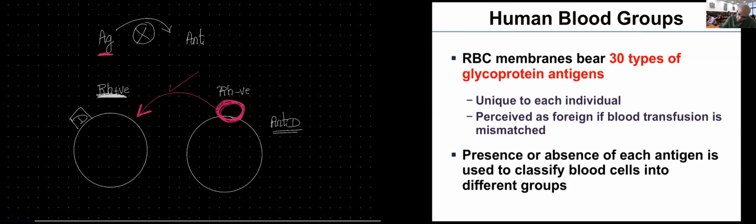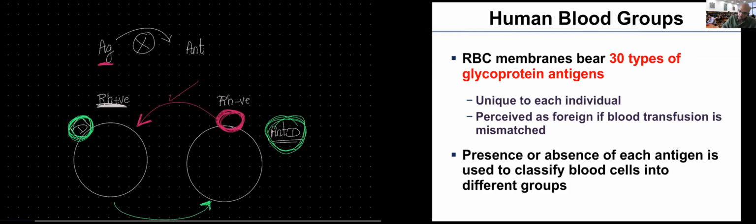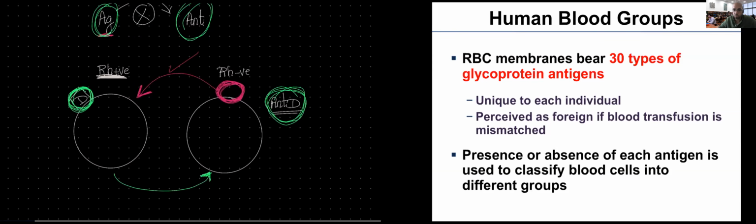How about the reverse here? Can Rh positive give blood to an Rh negative? Here, you're giving me antigen D, and I'm producing anti-D. Would the antigen meet the antibody? Yes. If there is an antigen-antibody encounter, what's going to happen to the transfused cells?